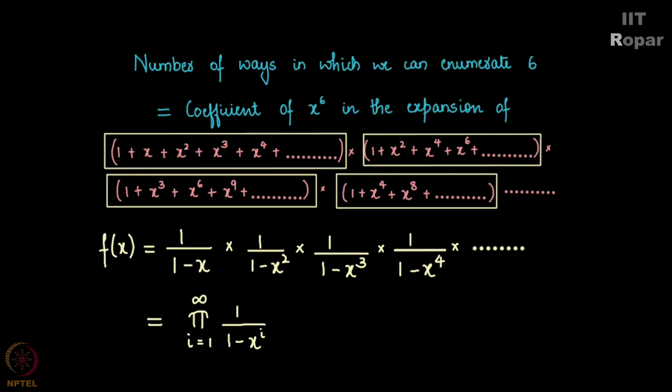So here i is varying from 1 to infinity, and it's a product. So this is f of x. Right? So what did I do just now? I'm saying that the coefficient of x to the 6 in the expansion of these products can be written in a closed form as this f of x. What is f of x? Product of 1 by 1 minus x to the i.